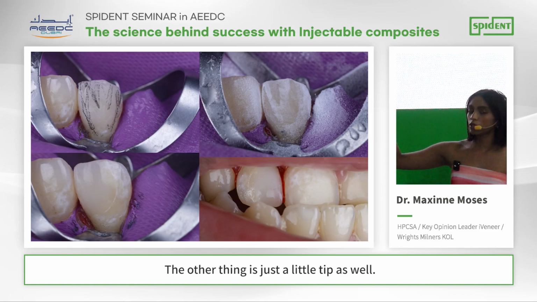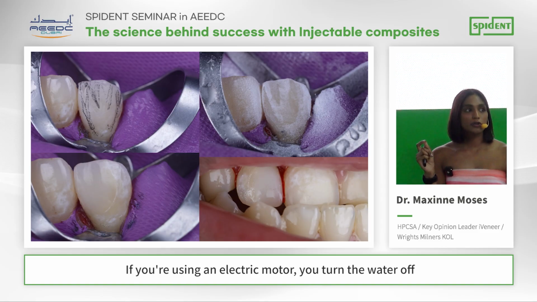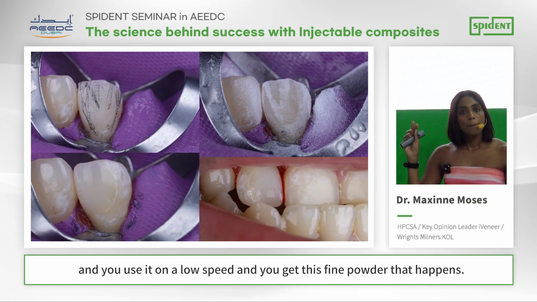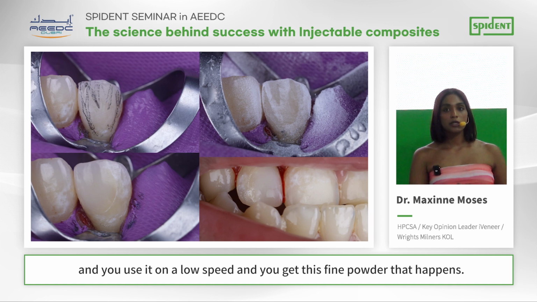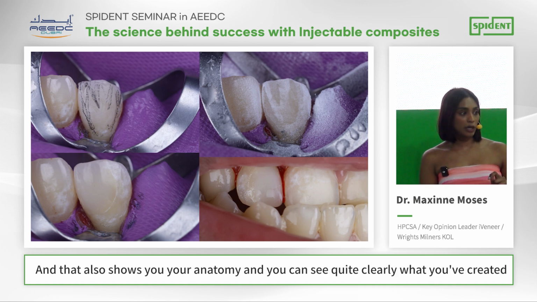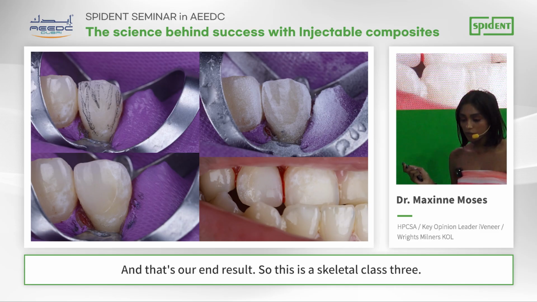The other thing is just a little tip as well. If you're using an electric motor, you turn the water off and use it on a low speed, and you get this fine powder that shows you your anatomy, and you can see quite clearly what you've created. And that's our end result.